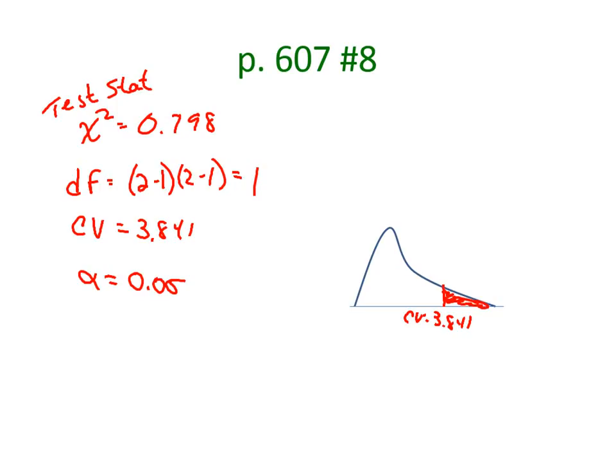Test statistic is 0.798. Is that a reject or fail to reject? Okay, this is a fail to reject. And I'm failing to reject my null hypothesis. But what was my null hypothesis? We always assume it's a test of independence. So our null is always that the two are independent.